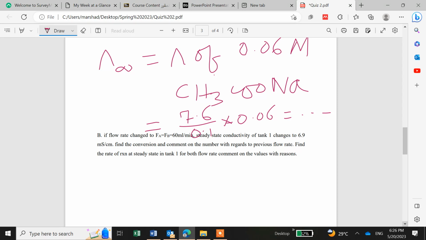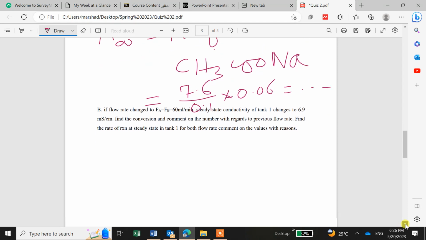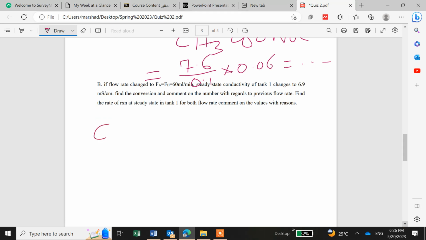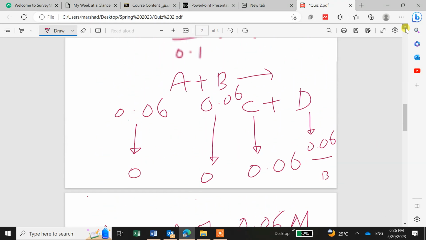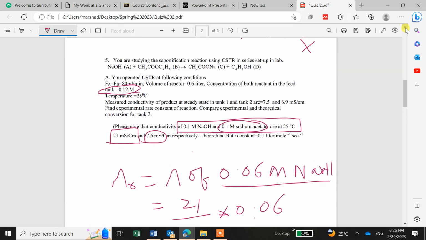So now what do we have? We have lambda 0, we have lambda infinity. We need to find concentration, which is lambda infinity divided by lambda 0 minus lambda infinity. So this is lambda 1. Lambda 1 is conductivity in tank 1 or reactor 1. It is given to you. Tank 1 has 7.5.